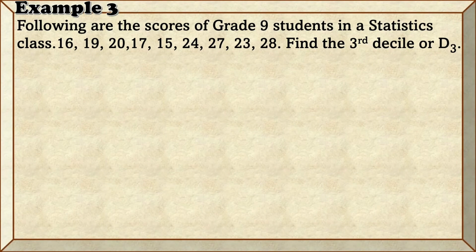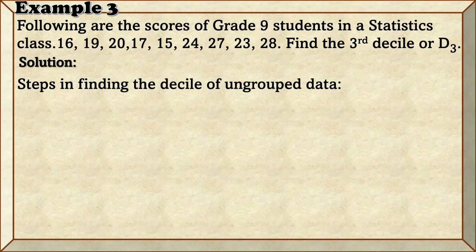Example number 3. Following are the scores of grade 9 students in a statistics class: 16, 19, 20, 17, 15, 24, 27, 23, 28. Find the third decile or D sub 3. Solution. Steps in finding the decile of ungrouped data.